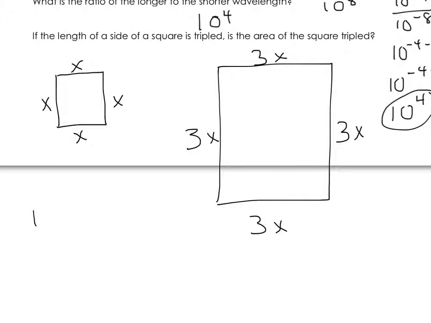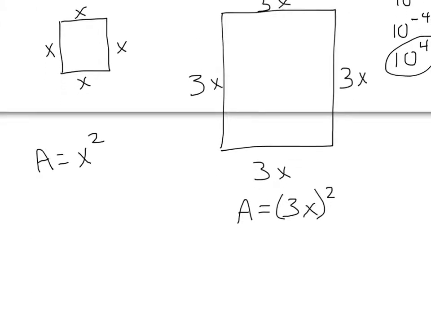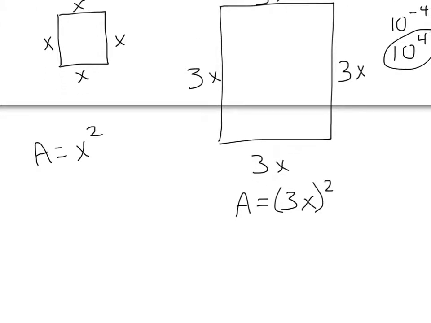How do you find the area of a square? X squared. You just take the side and you square it. How do we find the area of this square? 3x squared. In this case, we're squaring both the 3 and the x.